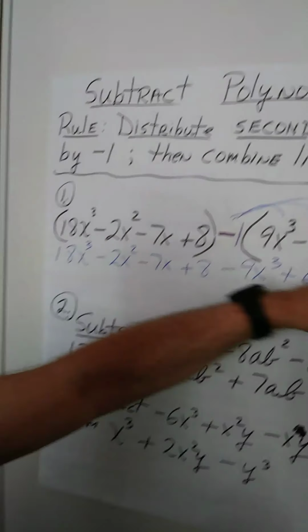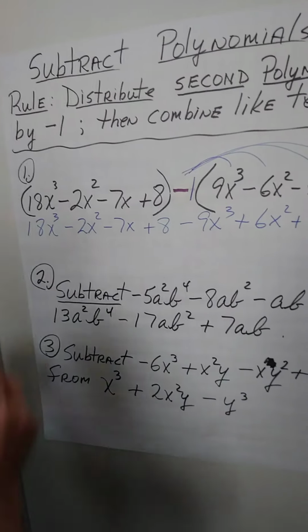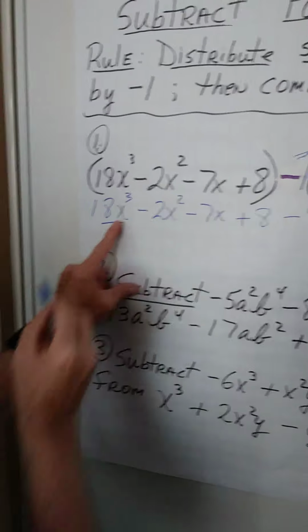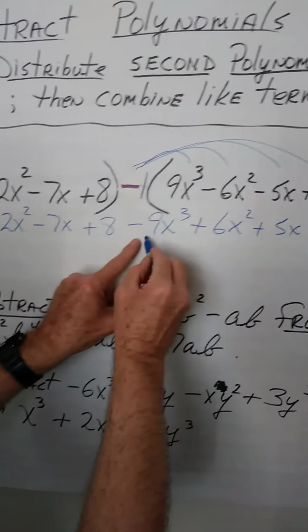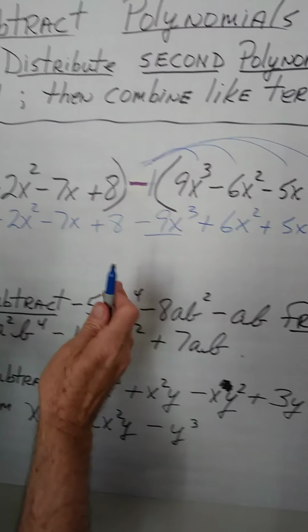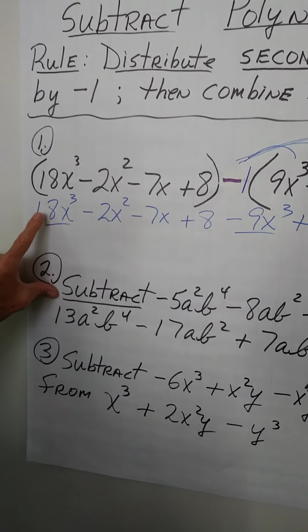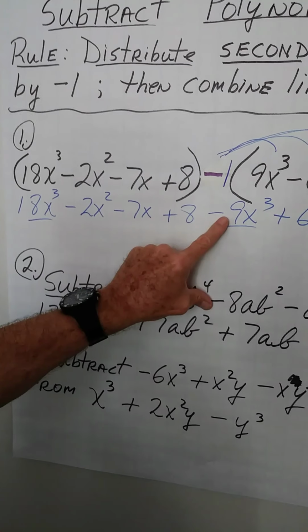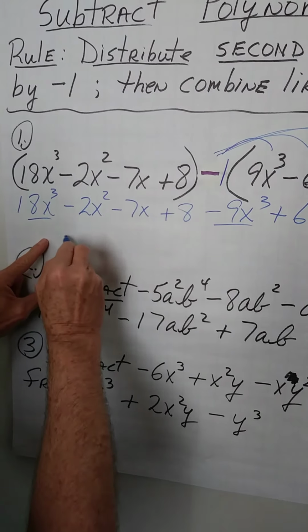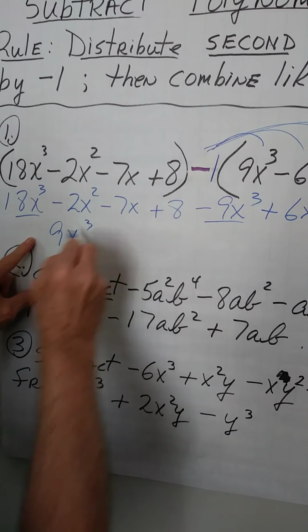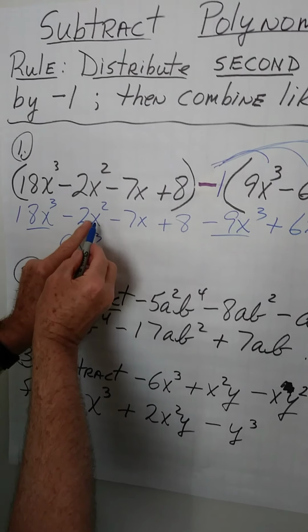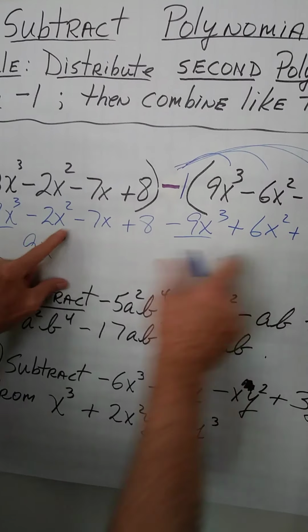And now we combine like terms. There's an x cubed. There's another one. Add coefficients only. A positive 18 added with a negative 9. That'll give us 9x cubed. Let's go to the x squared. There's another x squared there.